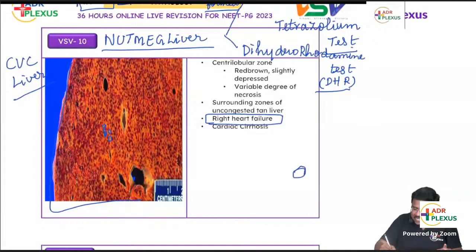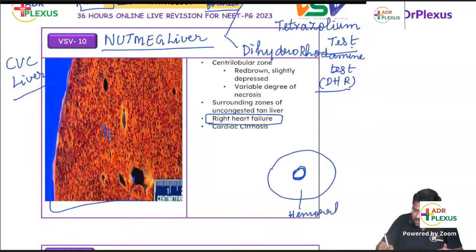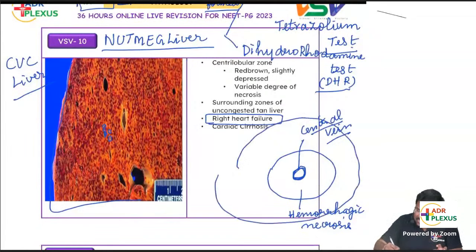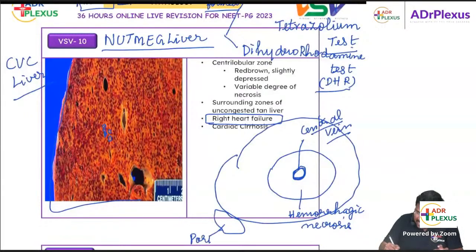So what will be happening? This is the central vein. The hepatocytes surrounding the central vein will have hemorrhagic necrosis, whereas the hepatocytes in the periphery will be getting blood supply from the portal triad.